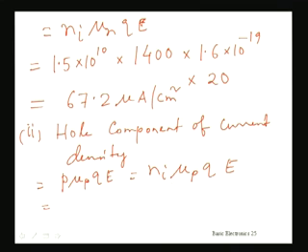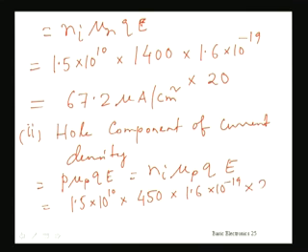Substituting each of these values, n_i is 1.5 into 10 to the power 10, mu_p is 450, q is 1.6 into 10 to the power minus 19, and E is 20. We calculate this, and the result is 21.6 microampere per cm square. So that is the hole component of current density.